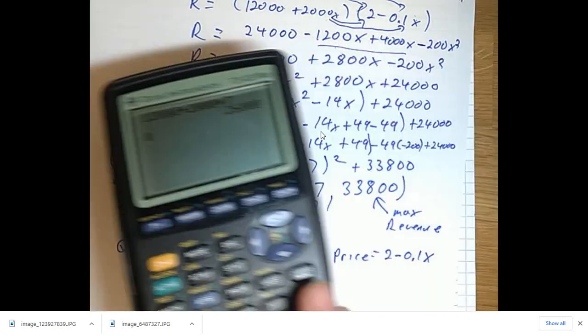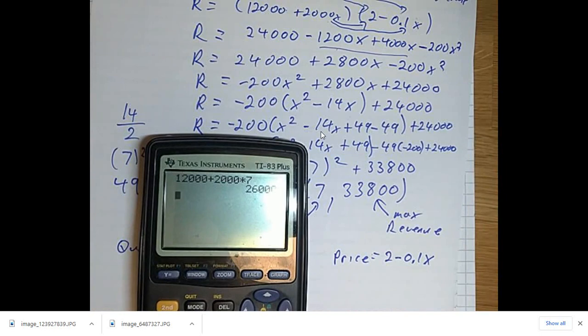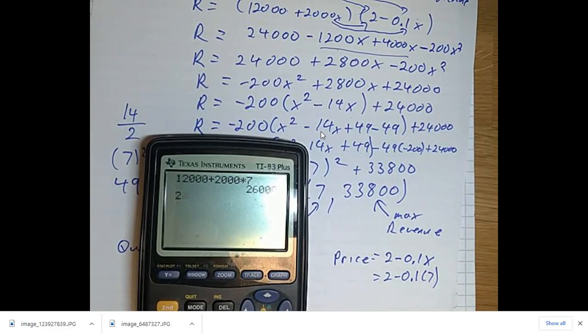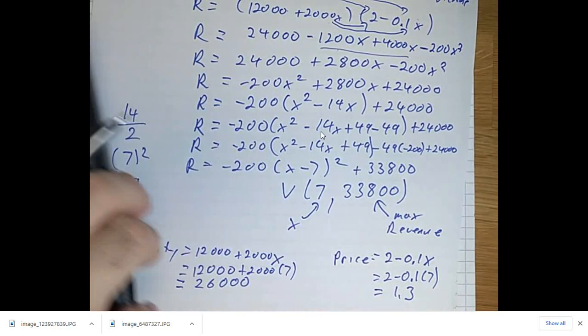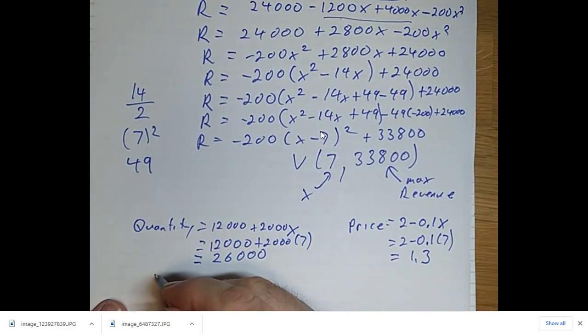Now our price, so decrease in price. Let's go figure this out. Our price, so we're going to write in 2 minus 0.1 times the 7. So 2 minus 0.1 times 7. $1.30 or 1.3. $1.30 per card. So we're going to put a therefore statement at the end.